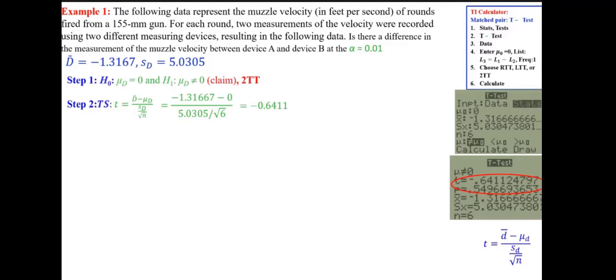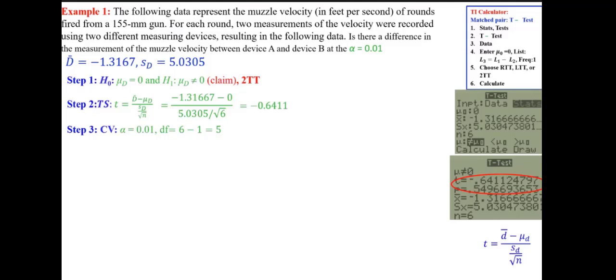Critical value comes from the choice of alpha, which happened to be 0.01. Degrees of freedom is n minus 1, which makes it 5. Looking up the T table, T equals plus or minus 4.032.